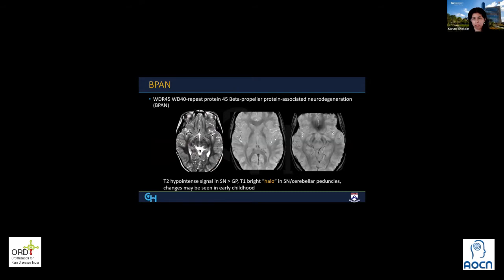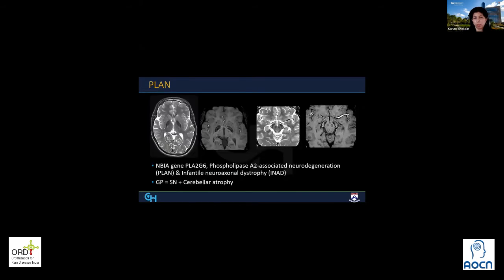Some other conditions in this group are the BPAN, which is the beta propeller protein-associated neurodegeneration, and the imaging correlate to this is that there is actually a bright halo in the substantia nigra, which is affected more than the globus pallidus in this condition. And this, of course, depends on the identification of the gene mutation. Another one in this group is PLAN.